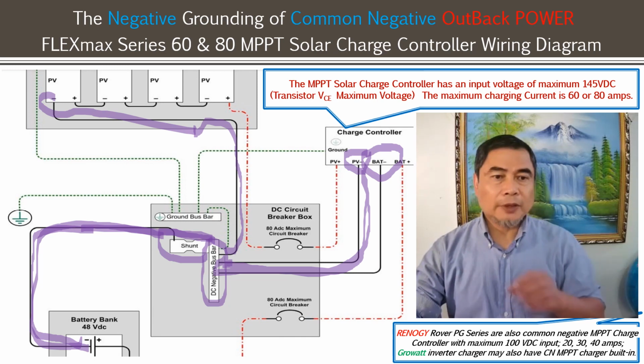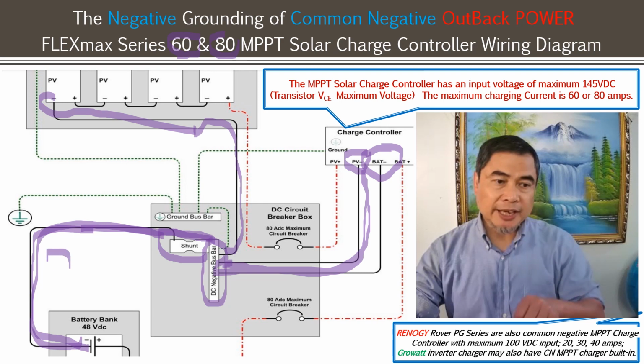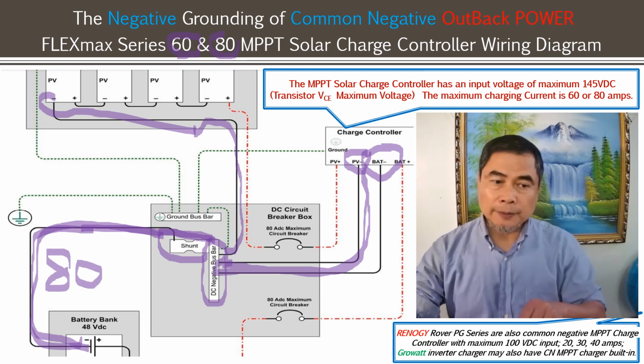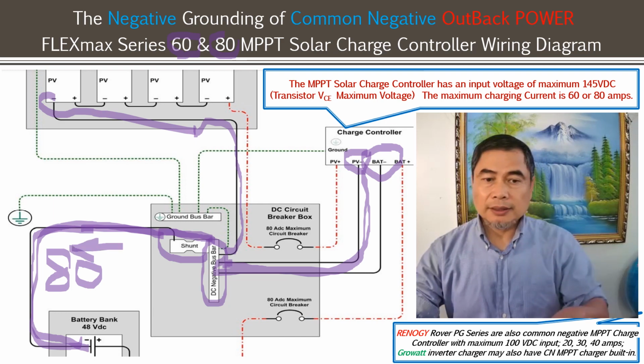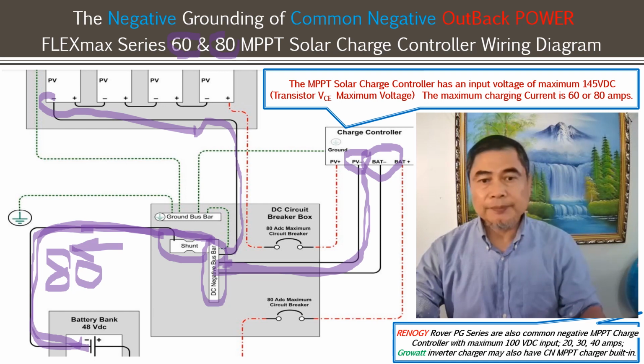For the voltage, as you can see here, this 60 or 80 refers to the capacity of the MPPT solar charge controller. It means that you can get the maximum 80 amps or 60 amps going through the MPPT solar charge controller to charge the battery bank.